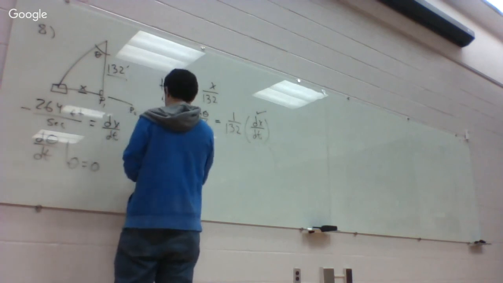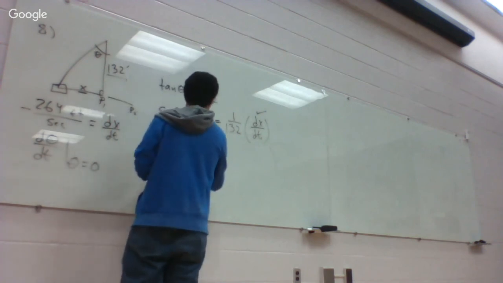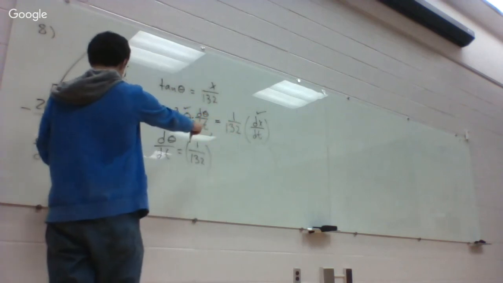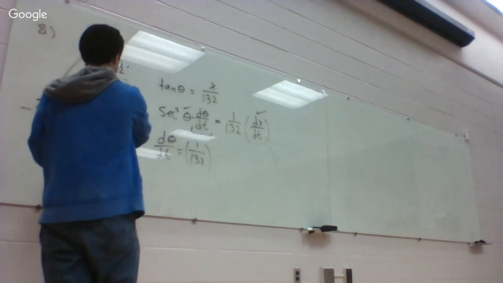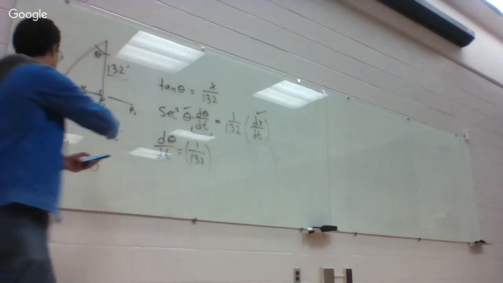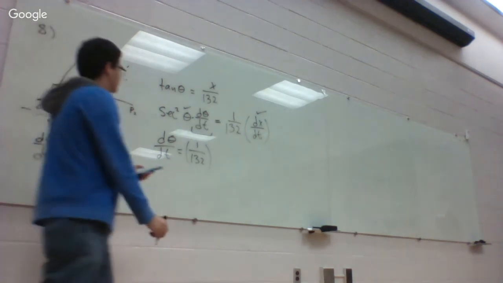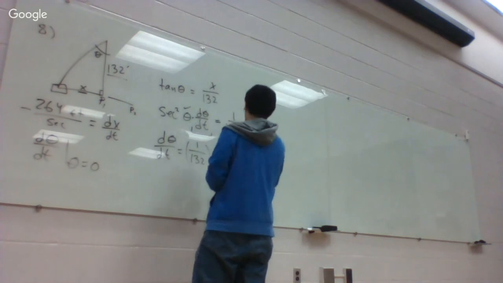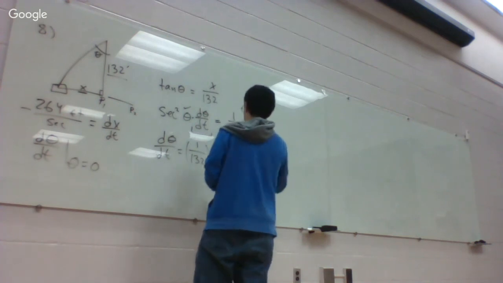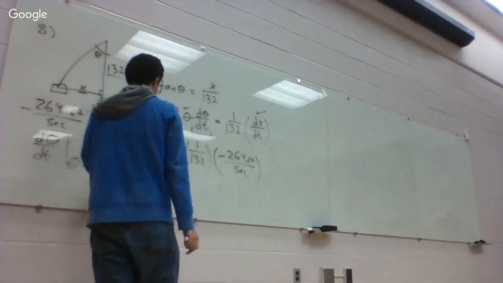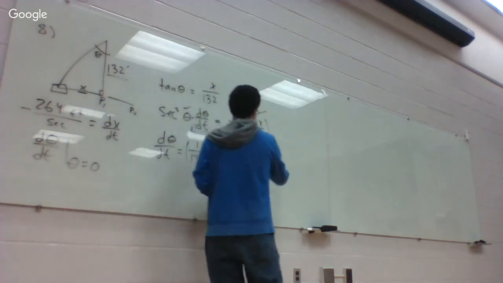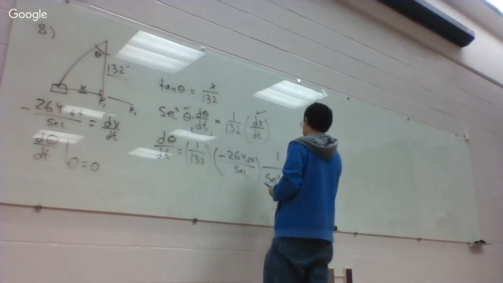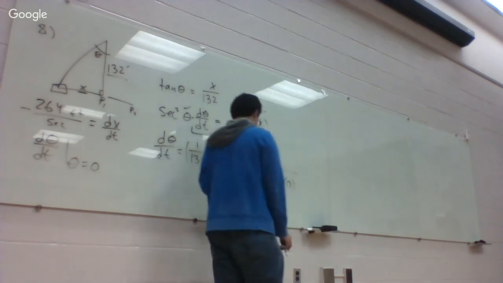d theta over dt is equal to 1 over 132 times dx/dt, which we already know is negative 264 feet per second, divided by secant squared. You could do that, but you can just leave it at 0.